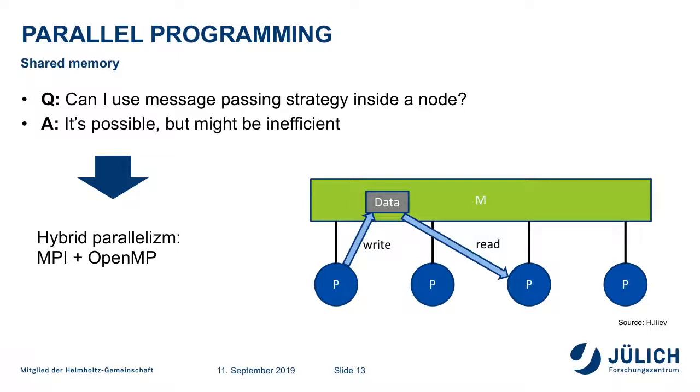So if you plan to use this hierarchical hardware optimally and get good performance, you had better program your code in a hybrid way. You should use MPI and OpenMP.